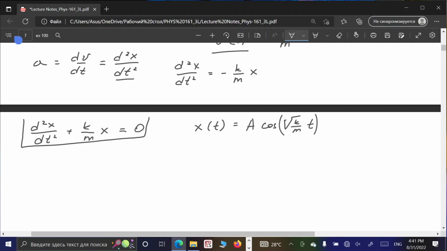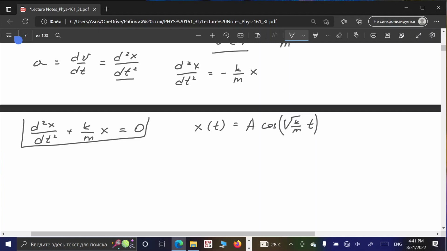So that shows us position as a function of time when we have a time-dependent force defined by the spring, a position-dependent spring force.